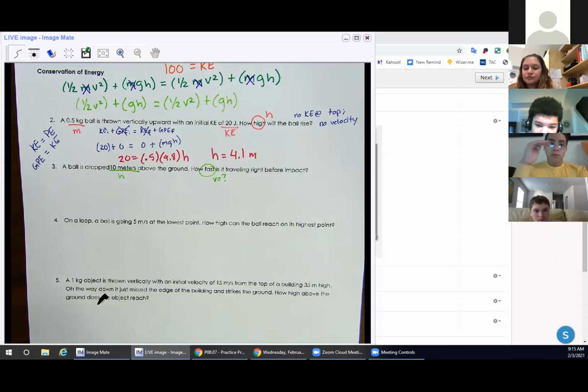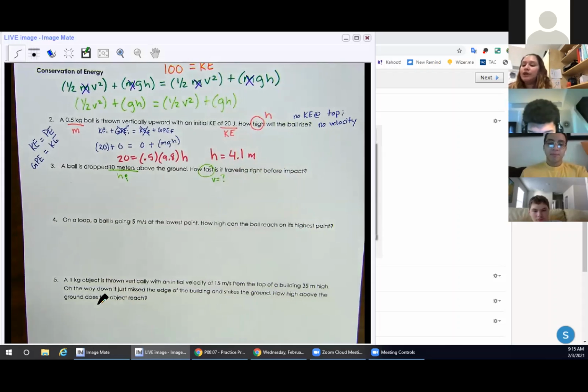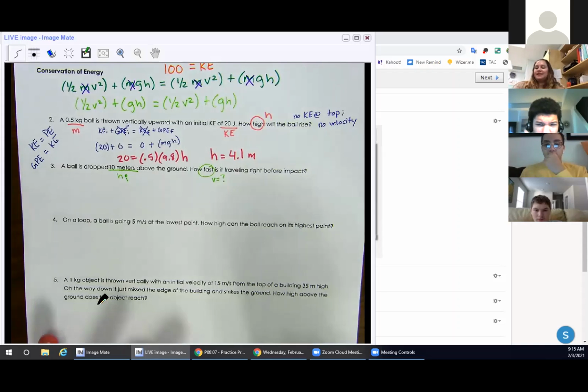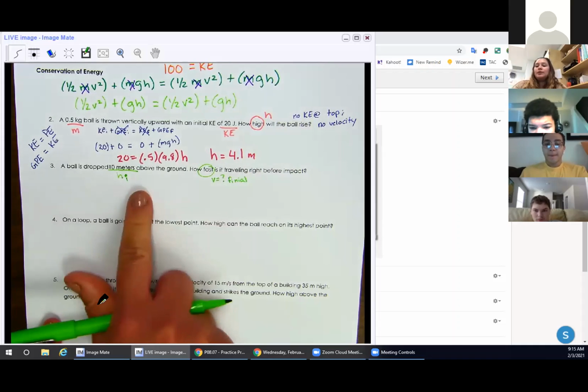Our initial. That's going to be our initial height. We want to know how fast it's traveling right before impact. Is that going to be our initial or our final velocity? Final. Final, good job.